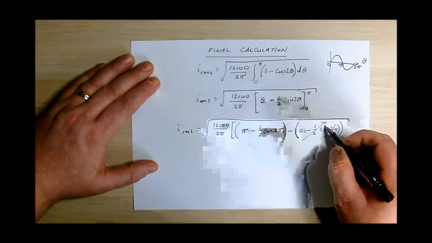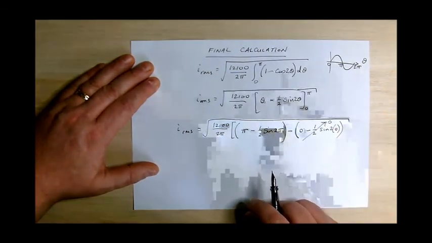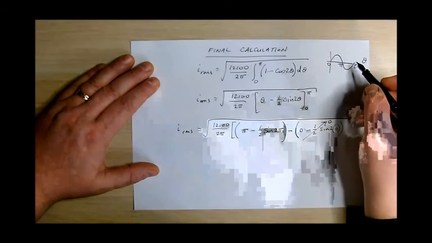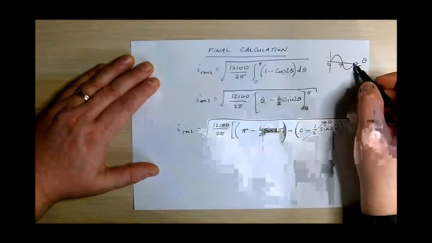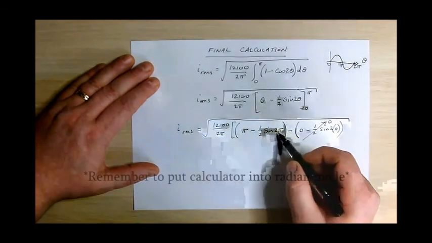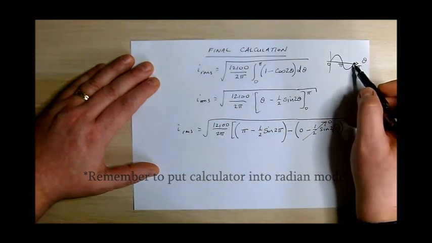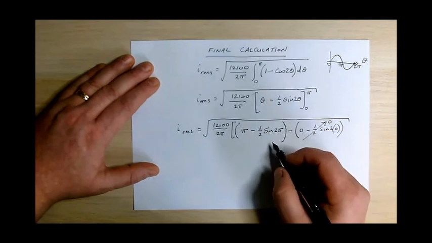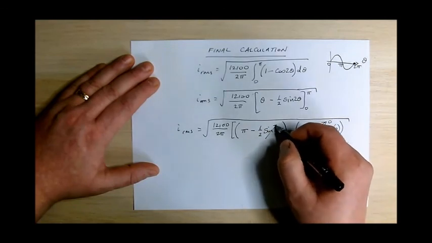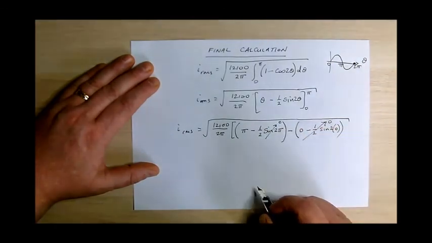So this whole half part here tends towards 0. Also at 2 pi, when you put it in your calculator, you'll find it's 0, but from the graph it can also be shown to be 0. So this part goes to 0 as well.